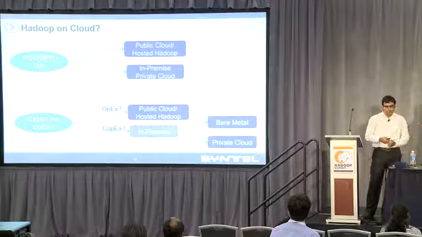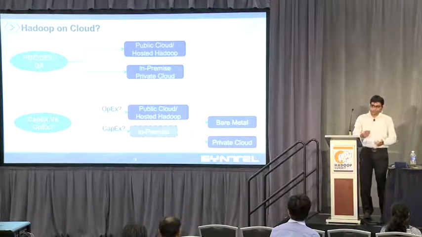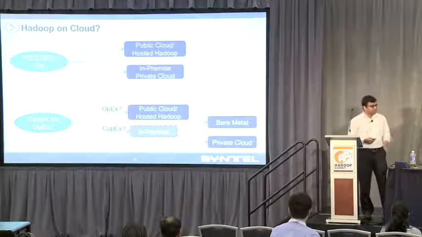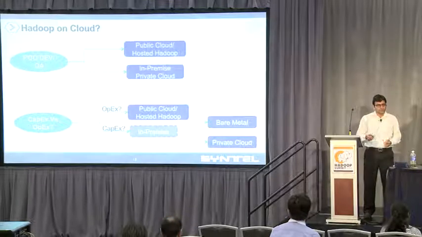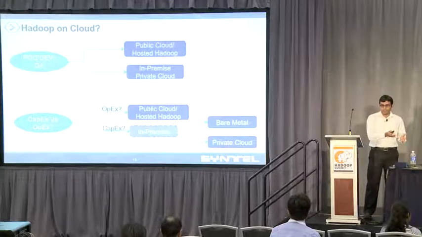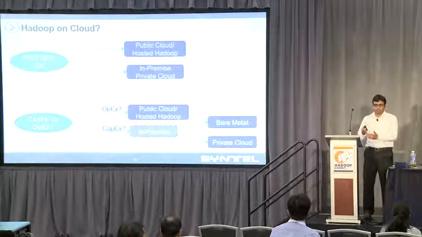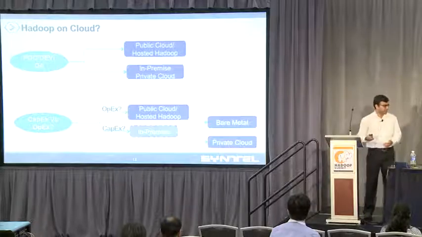And based on whether you have capex or opex, if capex, you can make an upfront investment in your infrastructure, and then you can have it on bare metal for the applications which require higher performance, and a private cloud for those which require better utilization of the infrastructure.